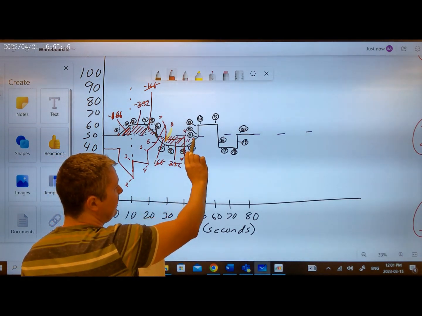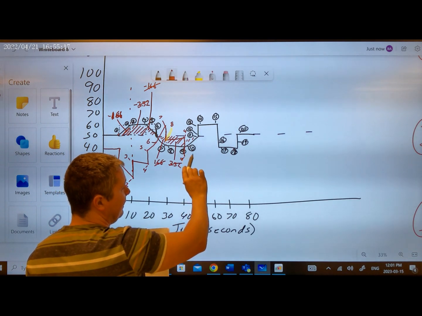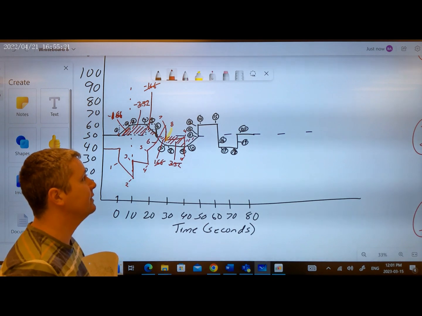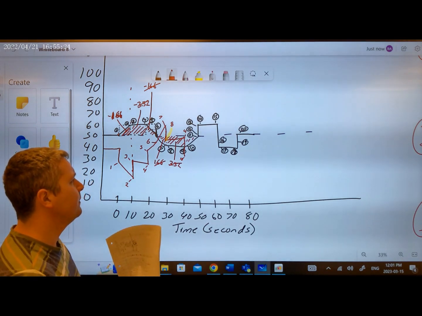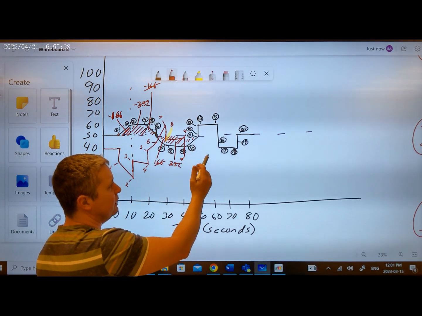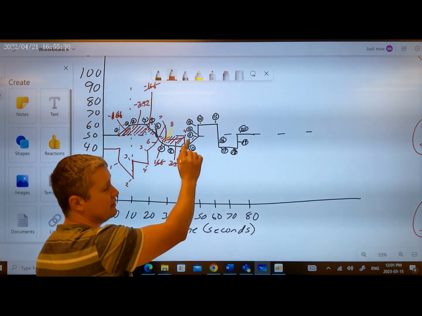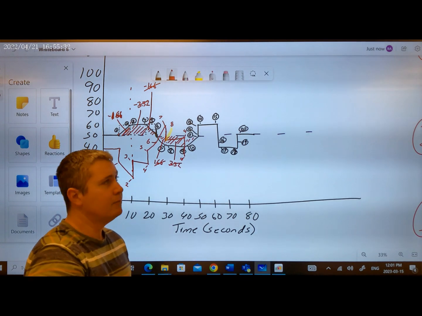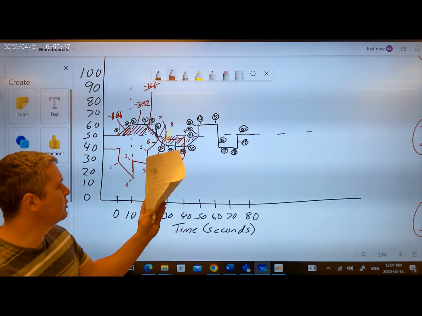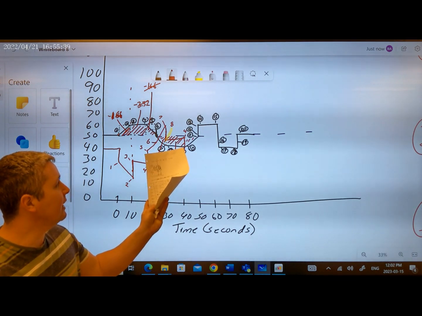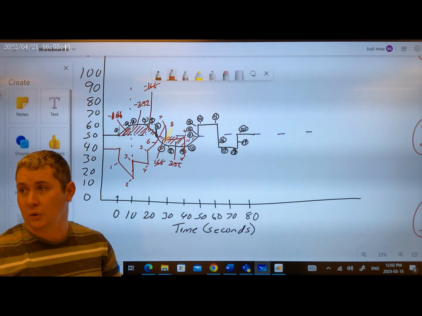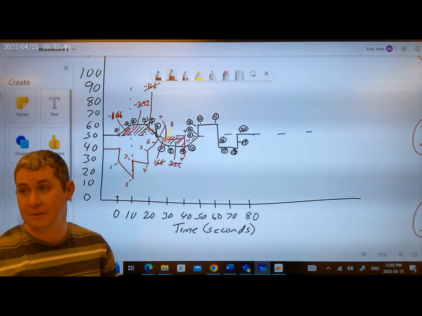We know that as we come along here, we're going to be coming up in the upward direction because that's where integral wants to drive us. But also, integral wants to increase the output because this is negative, right? But what's going to happen with the proportional? We're going to go from a proportional of, we have a minus 10 to an error of 0. So our proportional will disappear.